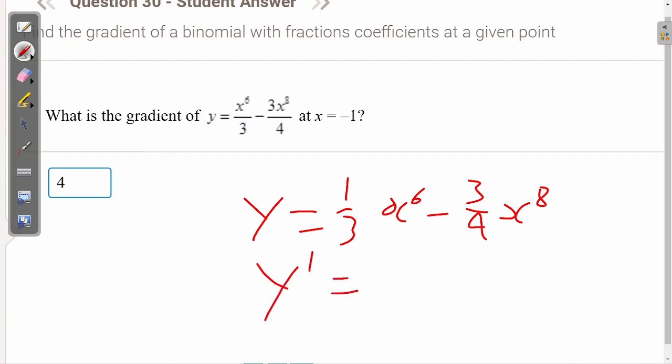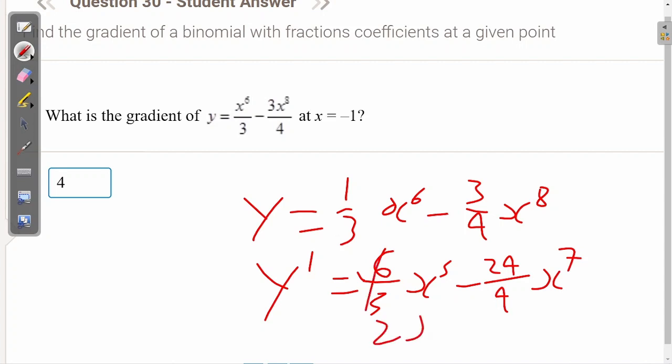Y prime equals, you bring the 6 down, so 6 times 1 over 3, which is 6 over 3, x to the power of 5, and 8 times 3 over 4, so 8 times 3, 24 over 4, x to the power 7. 6 over 3 is what? 2. 2x to the power 5, minus 24 over 4, 6, x to the power 7.